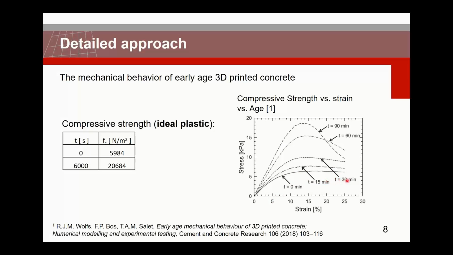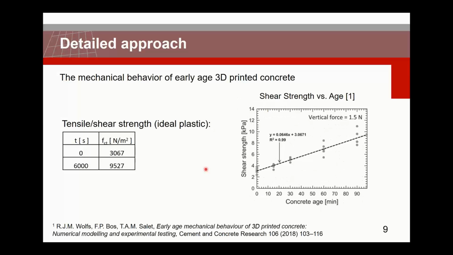And that's also for T15 and T30. Actually, when we look at around 1 hour, we see more or less this parabolic curve. So for me, I will just make it ideal plastic when I look at the material properties. Next up, they also did some testing for the shear strength.